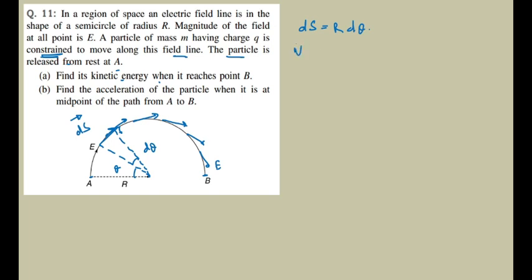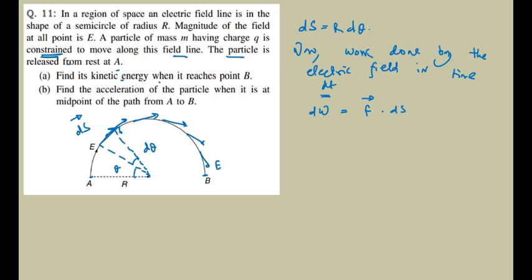Now the work done by the electric field in time dt, in that small interval of time, what is the work done? dW will be equal to F vector dot ds vector. F is qE vector dot ds vector.